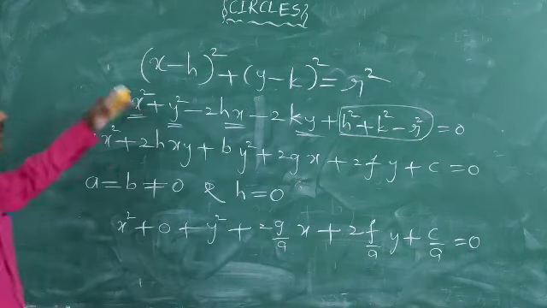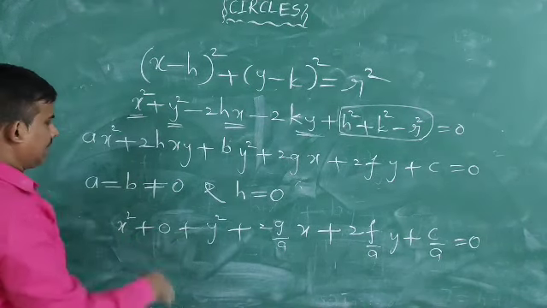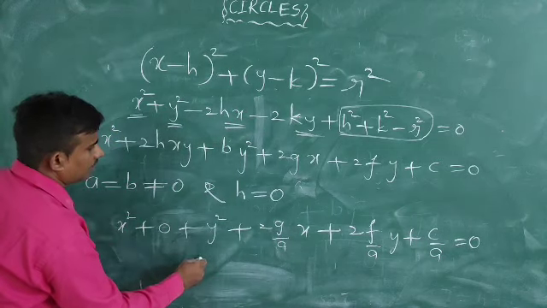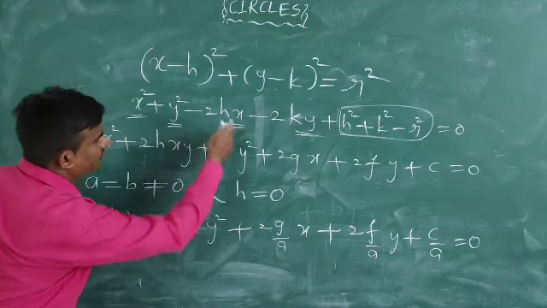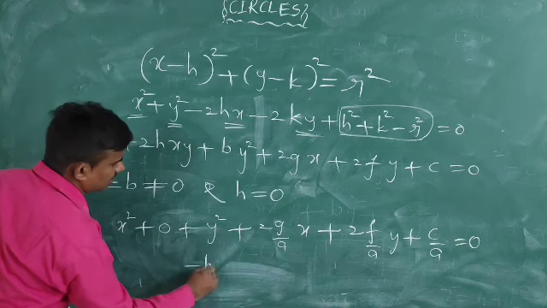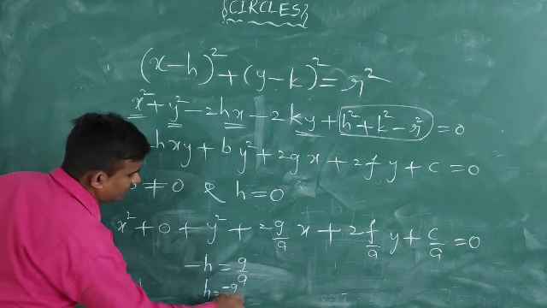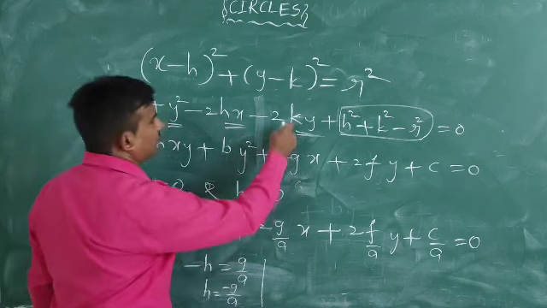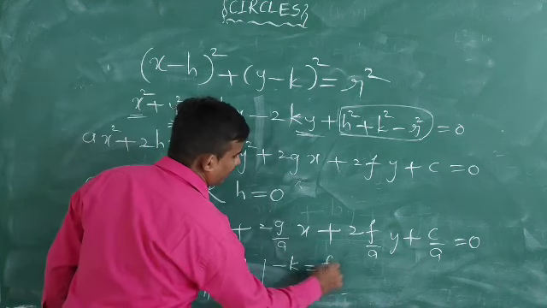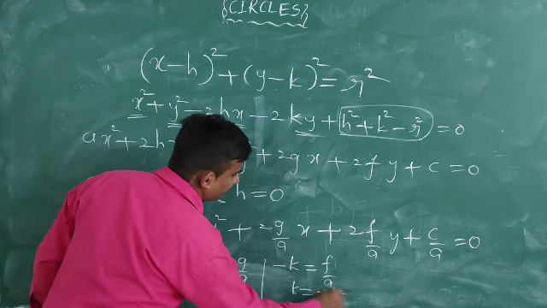Now compare both equations: x² and x², y² and y². There is no xy term. Now comparing the coefficient of x in both equations, −h = g/a. From it h = −g/a. And again −k = f/a, so k = −f/a.